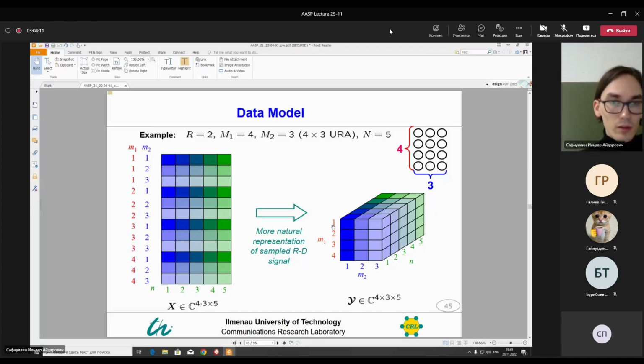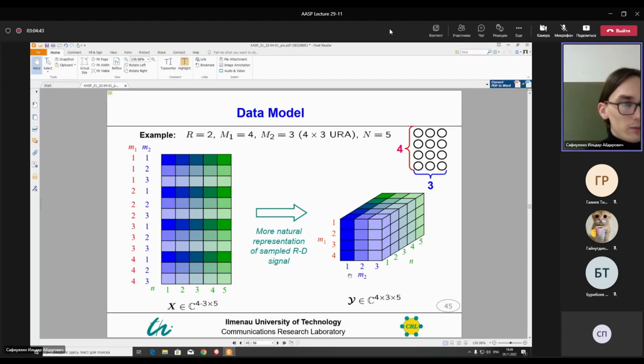So for the x-axis, which is for the vertical line, here we'll have indices 1, 2, 3, and 4. For the horizontal line, we'll have these M2 with indices 1, 2, and 3. And time snapshots are collected as follows, and you can see indices 1, 2, 3, 4, and 5.